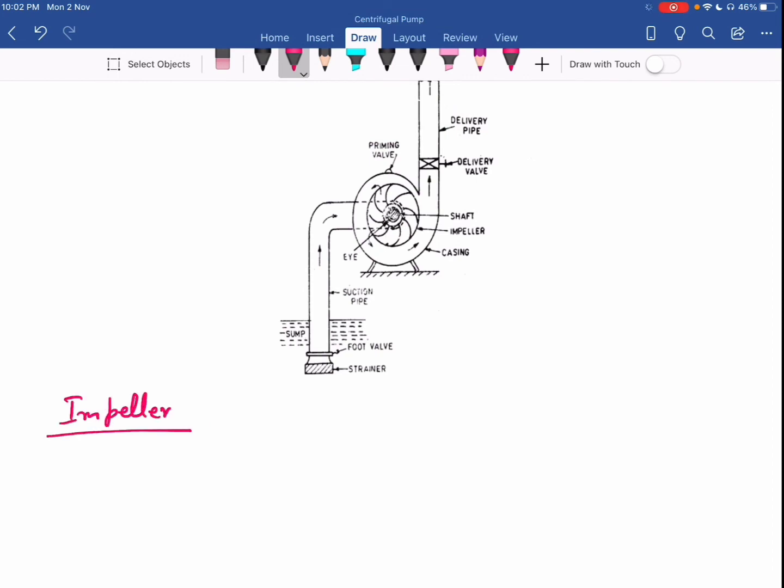So impeller, you can say, is the part of centrifugal pump where energy transfer takes place. It has a number of vanes. Those vanes will be either forward curved or backward curved. The meaning of these two terms we can discuss further.